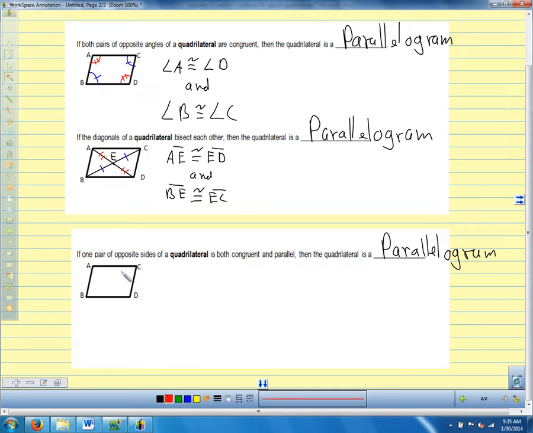So on our drawing we could mark these as parallel with the arrows, and congruent.